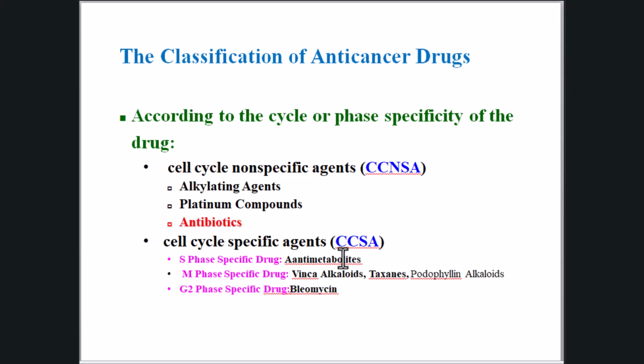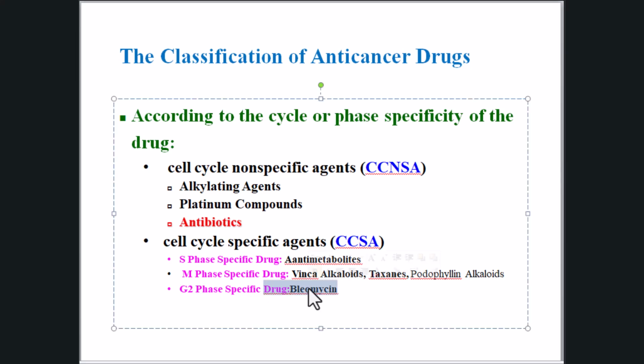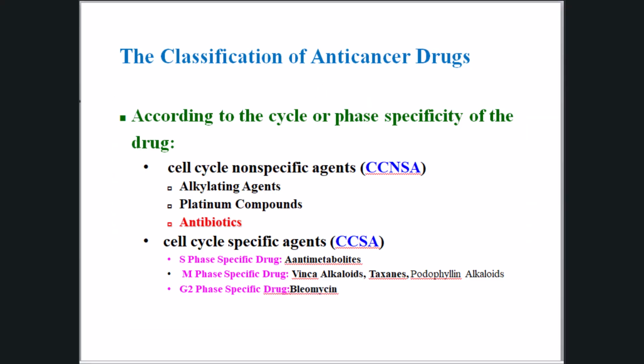The other one, M phase drugs, especially those that act on the microtubules and prevent polymerization. So this can prevent any formation of microtubules, like Vinca alkaloids. The other one is drugs that act on the G2 phase, specifically bleomycin. This normally is an antitumor antibiotic. So this is the classification.